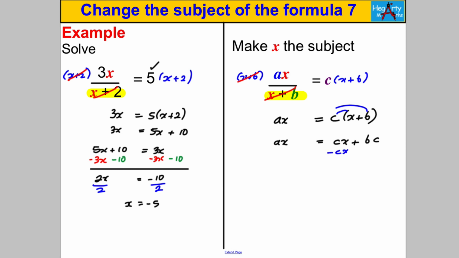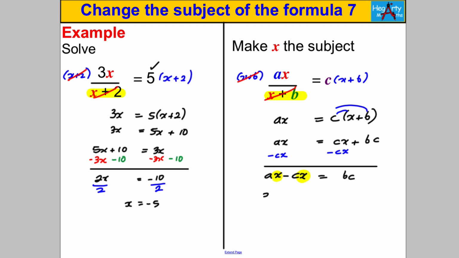Okay, now let's get all the x's together. Let's subtract cx off both sides and leave that bc over there, because that's nothing to do with x's. So what will I get? Well, I'm going to get on the left hand side ax subtract cx is equal to bc. Now I want x all by itself. There's an x here and an x here. How do I extract that x?